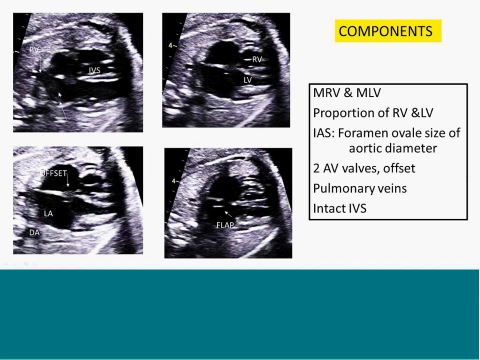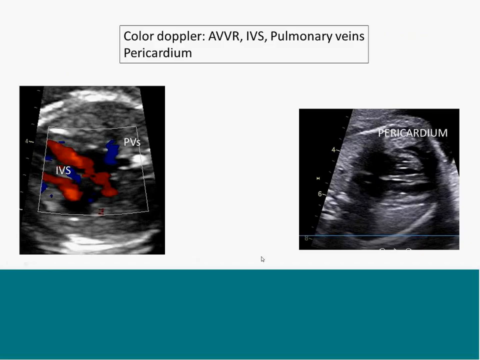That means you do not have a separate confluence lying behind the left atrium, and the pulmonary venous drainage is normal inside the left atrium. The ventricular septum being intact is also an important understanding. A four-chamber view has fallacies. We will see in the next slide how you can see false VSDs or miss a VSD.